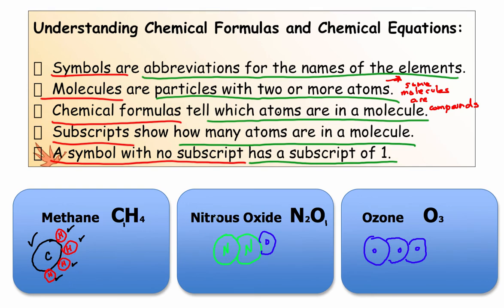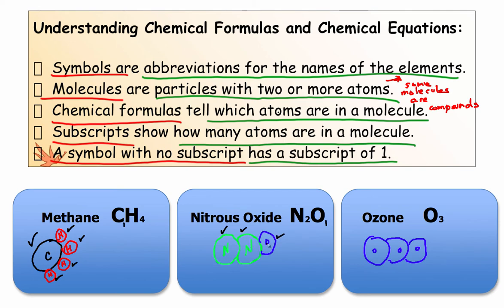For nitrous oxide, again, I put a little 1 beside the O because there was no subscript. I want to remind myself when I sketch this molecule that while there are 2 nitrogen atoms right here, there is 1 oxygen atom I need to make part of that molecule.